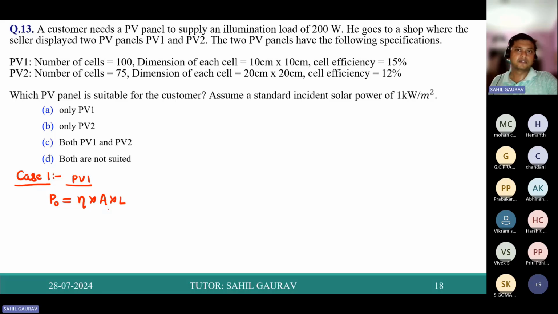So the efficiency of the first solar cell is given as 15%, and the area is given as 10 centimeter into 10 centimeter, so it will be 10 to the power minus 4 meter square. And insolation is given as 1000 watt per meter square.